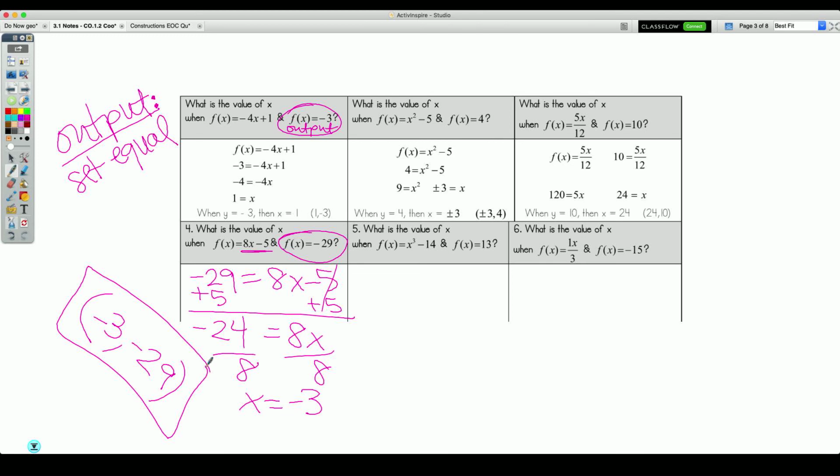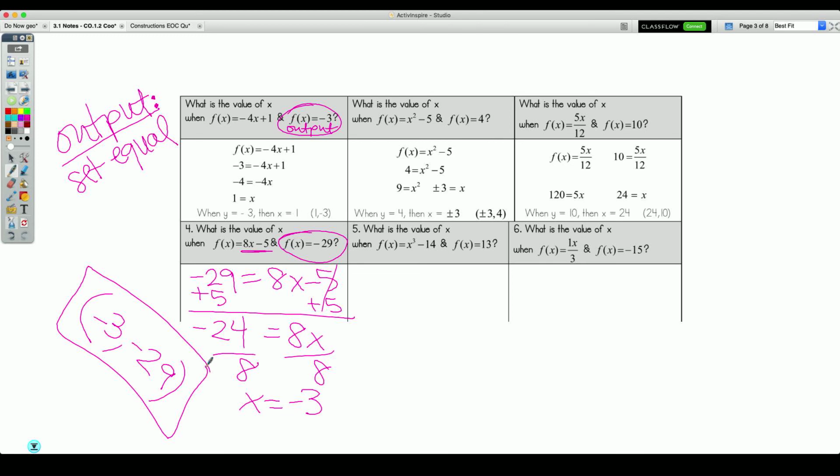We're going to do this one together, but if you can go ahead and set this one up on your own, please. Take a second and set this one up. They give you the y value. I just want you to do the setup, and we're going to work through it together. So what would I set this equation equal to? Awesome. Just do the setup, please.